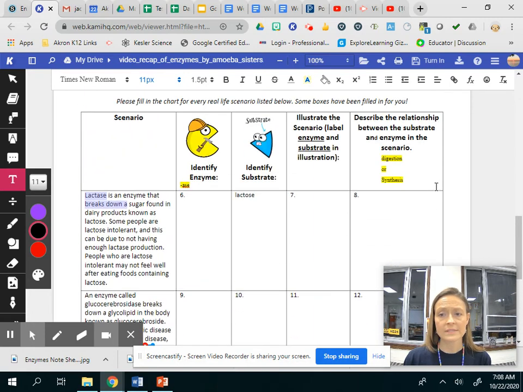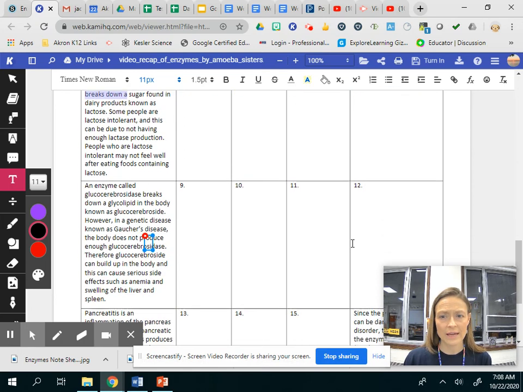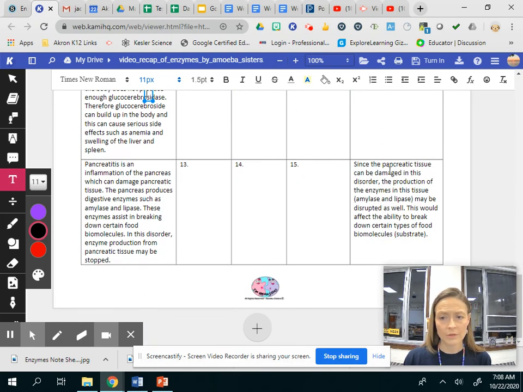I want you to focus on, is it a digestion or synthesis? And you can explain the enzyme lactase breaks down and digests lactose, which is the substrate in your stomach. That would be a good way to answer that. So you don't have to go fancy like they do.